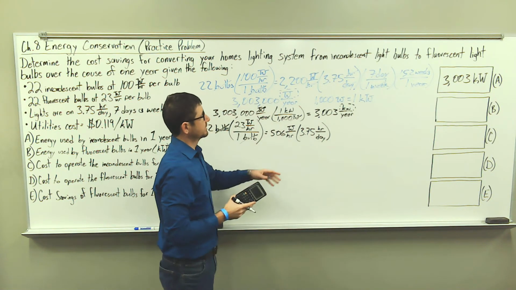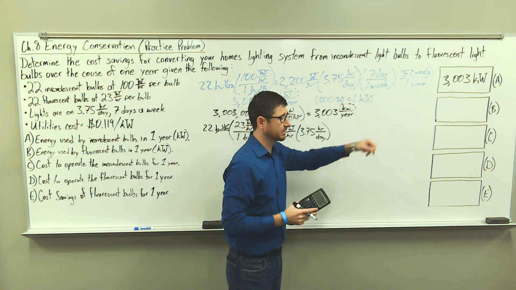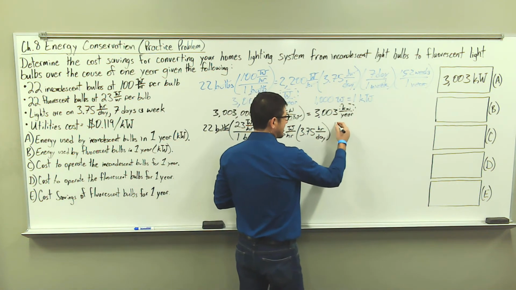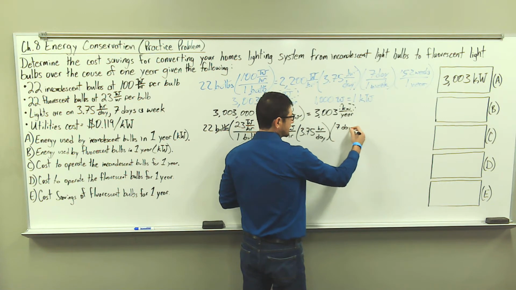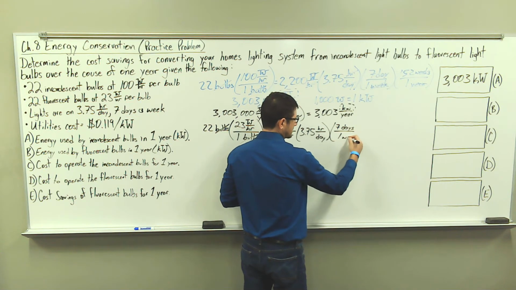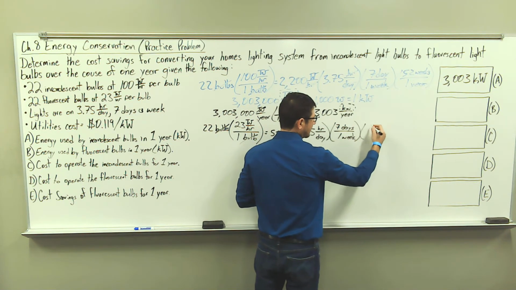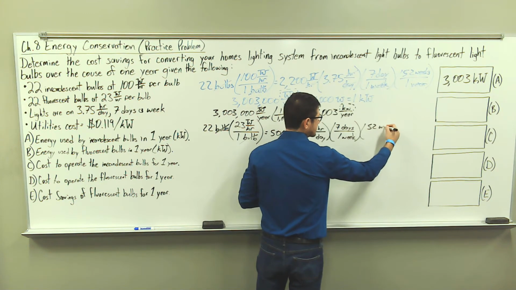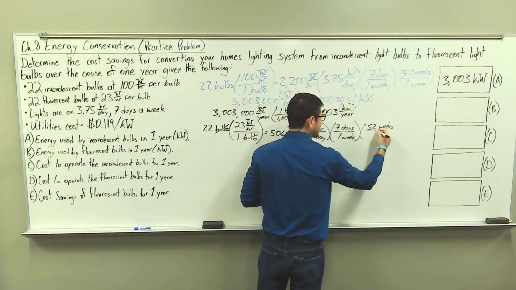Okay, and we're going to follow this process here. So there are 7 days in 1 week, and there are 52 weeks in 1 year.